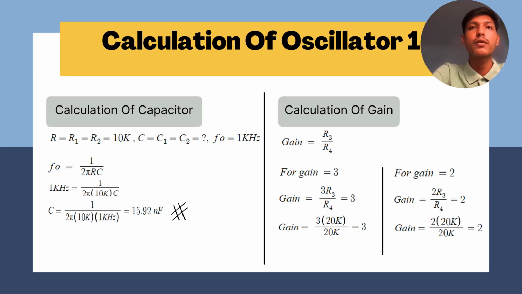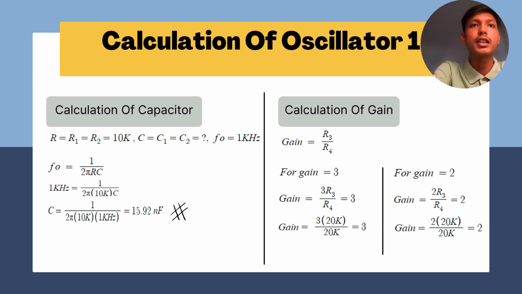So for this circuit, I have decided to use resistor equal to 10K, which is 10 kilo ohm. By using the resonant frequency formula, which is 1 divided by 2 pi times RC, we can get the value of the capacitor. So the formula will be C equal to 1 divided by 2 pi times resonant frequency times resistor.